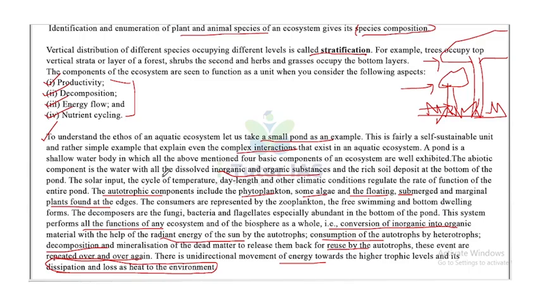Biotic components are plankton, algae, floating and submerged plants and other things, and abiotic components are the soil and the water with all its nutrients. So these function as a unit. That is known as the components of the ecosystem.